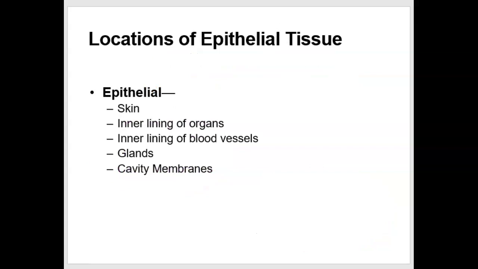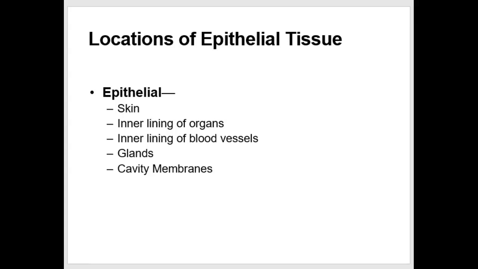Epithelial tissue is located in a number of places within your body, including your skin, lining the inside of hollow organs like the bladder, the small intestine, and the stomach, and lining blood vessels.